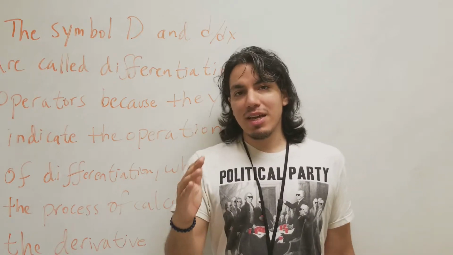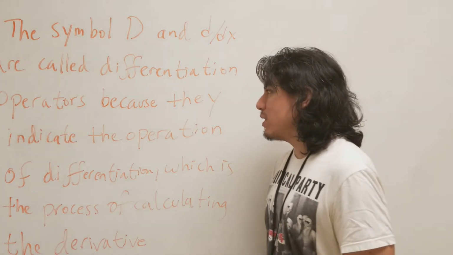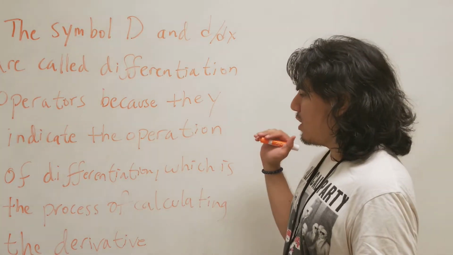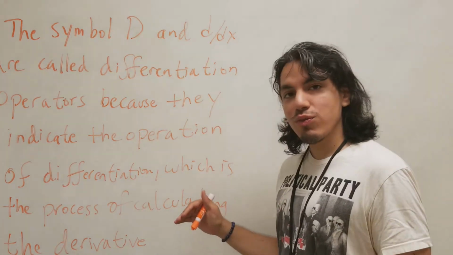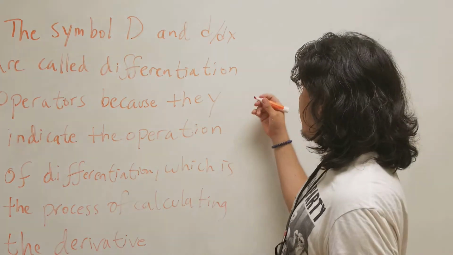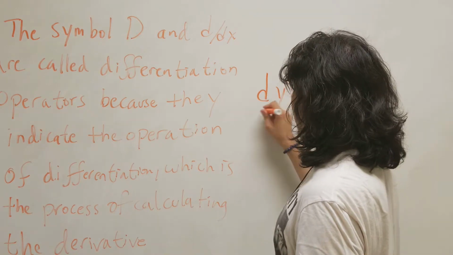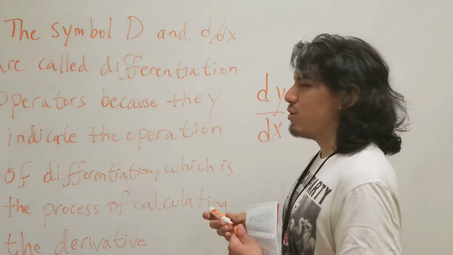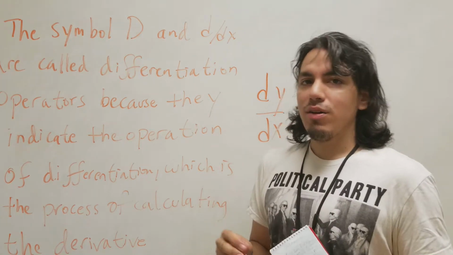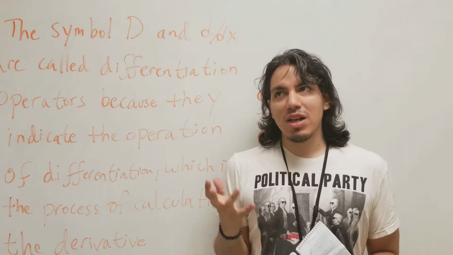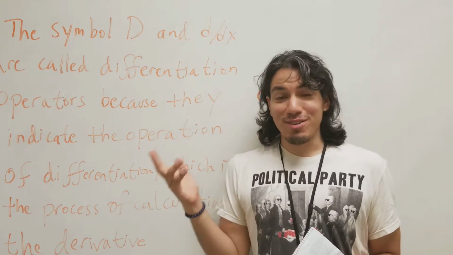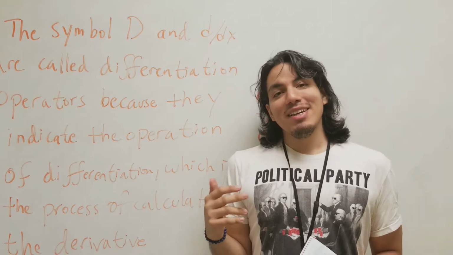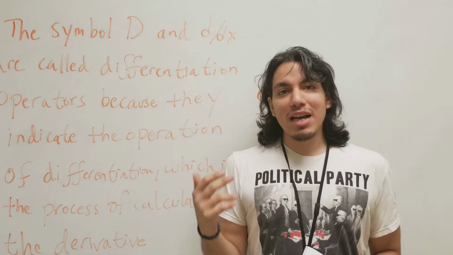But the idea is that I want to talk specifically more about the notation, because all the notation that we wrote earlier, specifically dy over dx, was introduced by a well-known mathematician who had other careers as well, which I don't know off the top of my head, but his name is Leibniz.